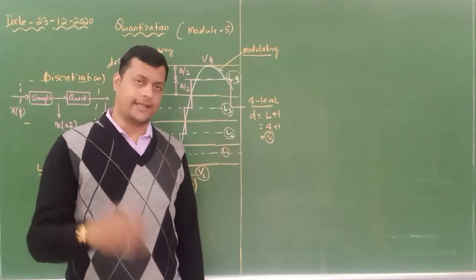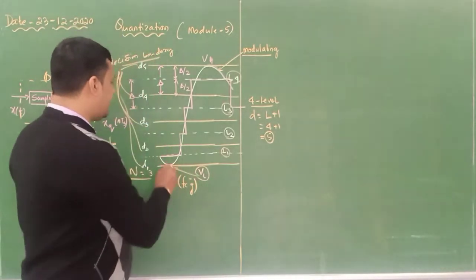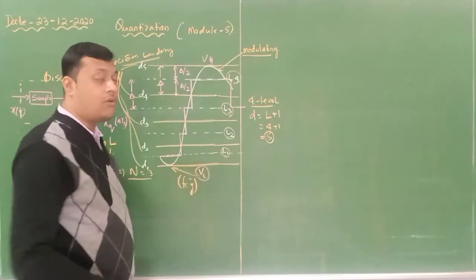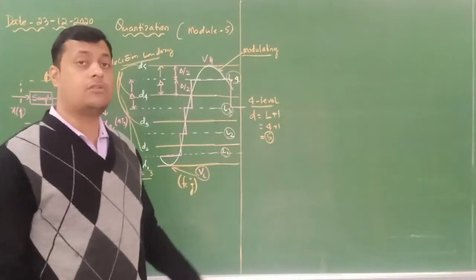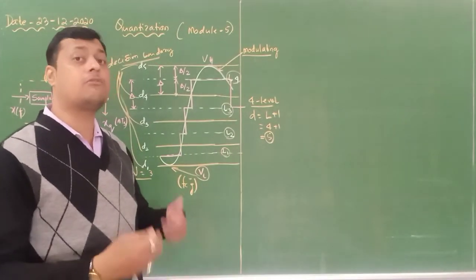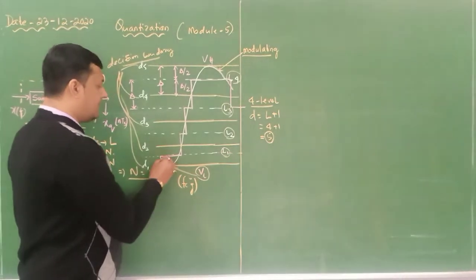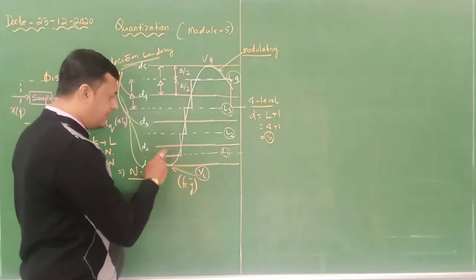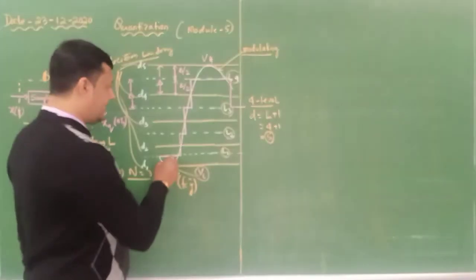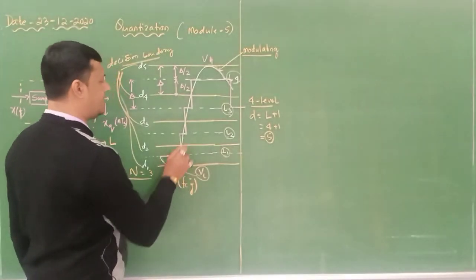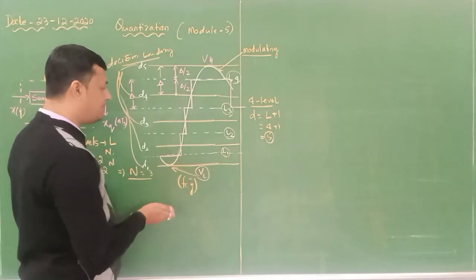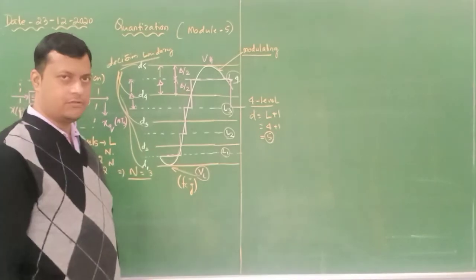Okay, next. Now this is my modulating signal which I want to quantize, which I want to sample. After sampling, this is how we are going to do quantization. Now if my particular modulating signal is in this particular range, in a decision boundary between D1 and D2. Okay.